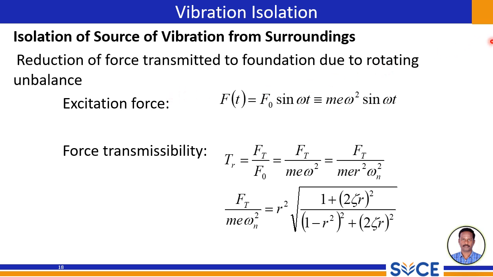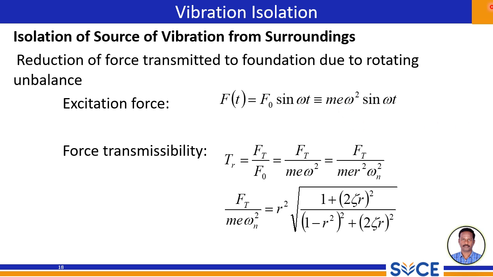We are specifically looking at vibration caused by an unbalanced rotating component. The excitation force is given by f of t equals f naught sin omega t, which is further expressed as m e omega squared sin omega t. Here, f naught is the amplitude of the force, omega is the angular velocity, m is the unbalanced mass, e is the eccentricity of the unbalanced mass from the axis of rotation.